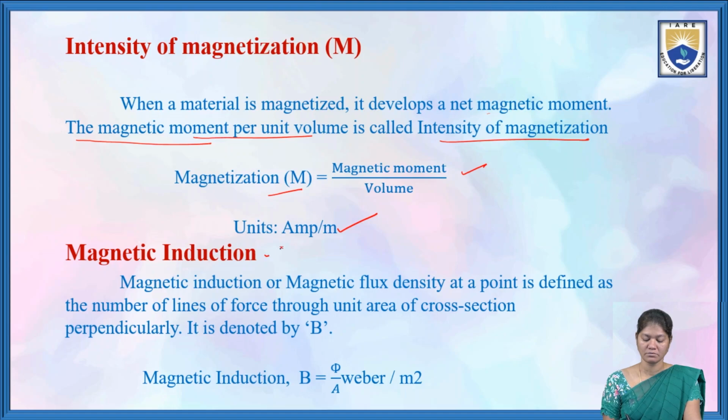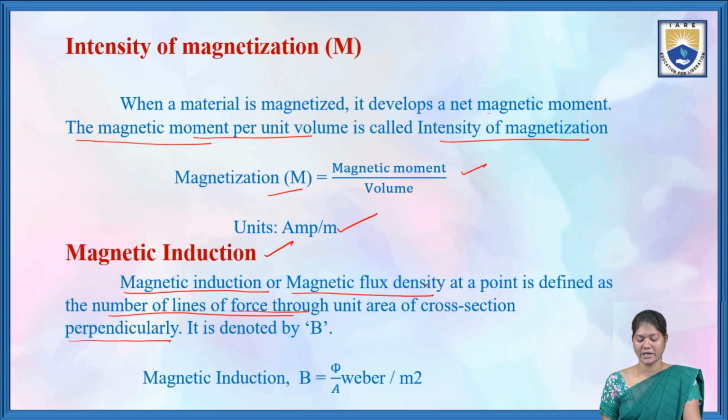Coming to the magnetic field induction. The magnetic induction, or we can say magnetic flux density, at a point is defined as the number of lines of force through unit area of cross section perpendicularly.